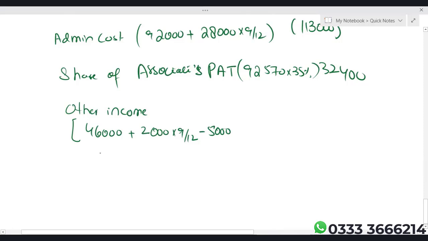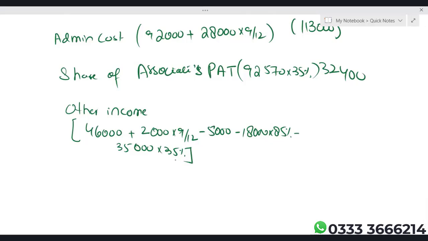Intercompany interest receivable is deducted, minus 18,000 into 85%, minus the dividend from associate, which is 35,000. Take 35% of this. So I'm getting 14,950.